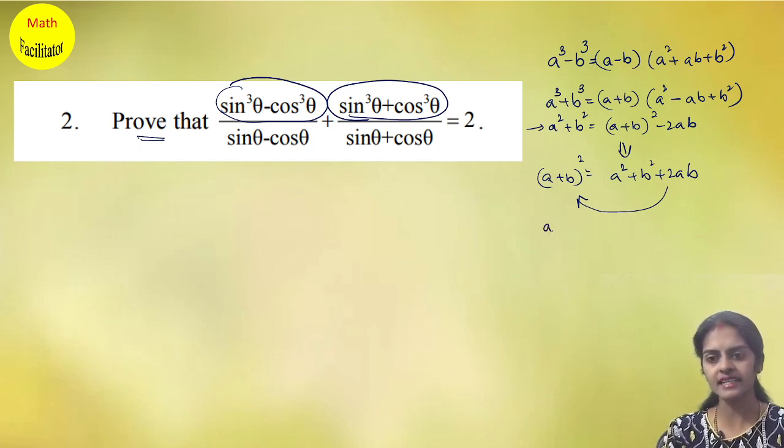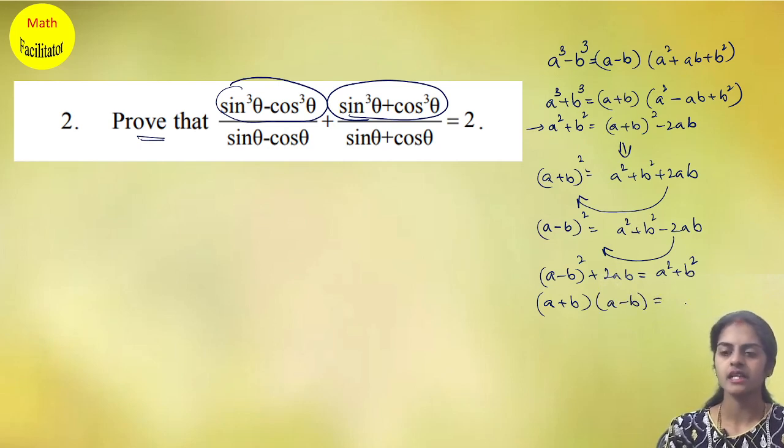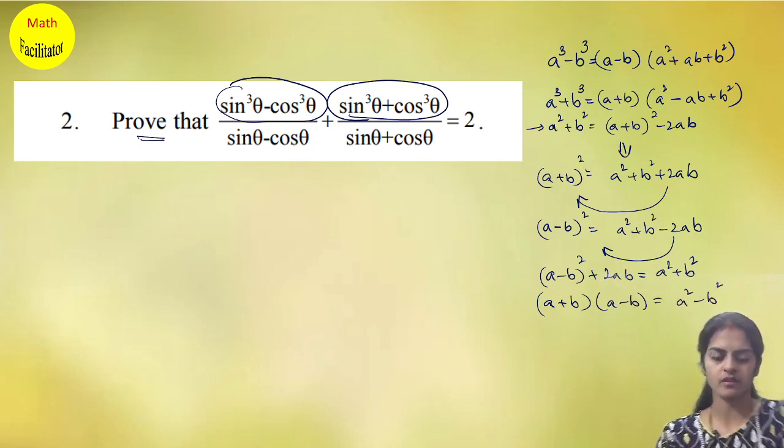Okay. Another identity is A minus B whole square. It is A square plus B square minus 2AB. So this minus 2AB, if I transpose to the other side, I will get A minus B whole square plus 2AB equal to A square plus B square. The last important identity is A plus B into A minus B equals A square minus B square.